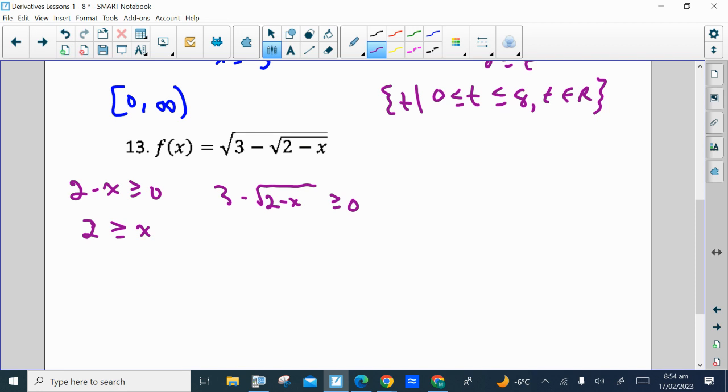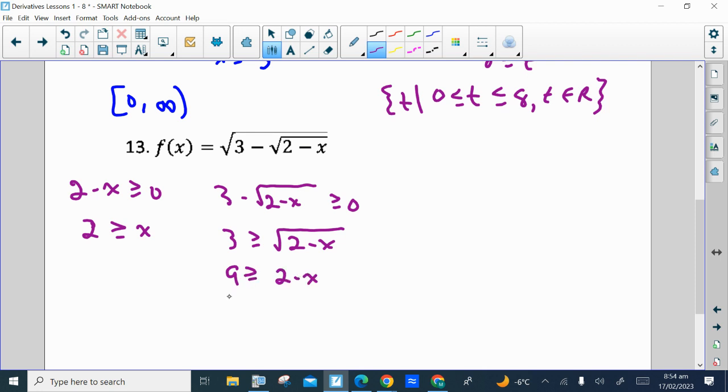For the second one, I can solve this inequality again using the same rules that we use for solving equations. The only difference, once again, is that if you multiply or divide by a negative value, the inequality reverses. So probably what I would do here first is add the 2 root 2 minus x to both sides to make it a positive over on the other side. To get rid of the radical, we will square both sides.